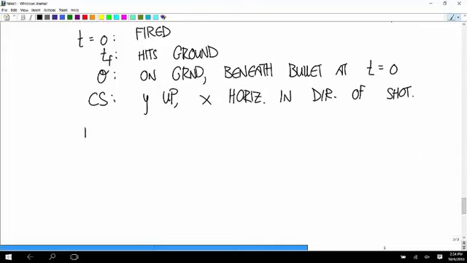And now let's go through the variables. Time final is what we're trying to find. Acceleration. This is free fall. Our y-axis is up, so the x component is 0. The y component is negative 9.81.